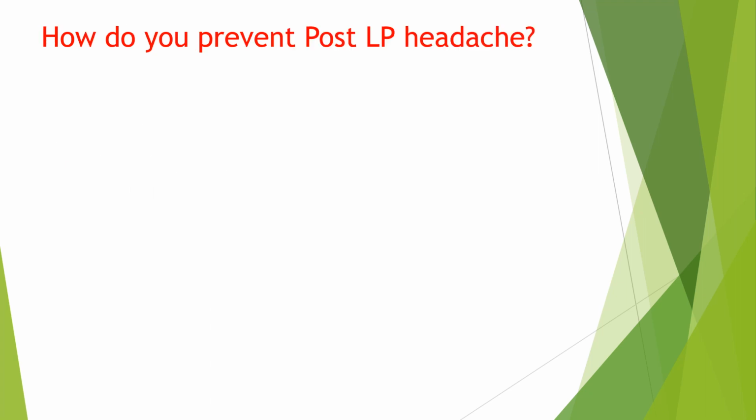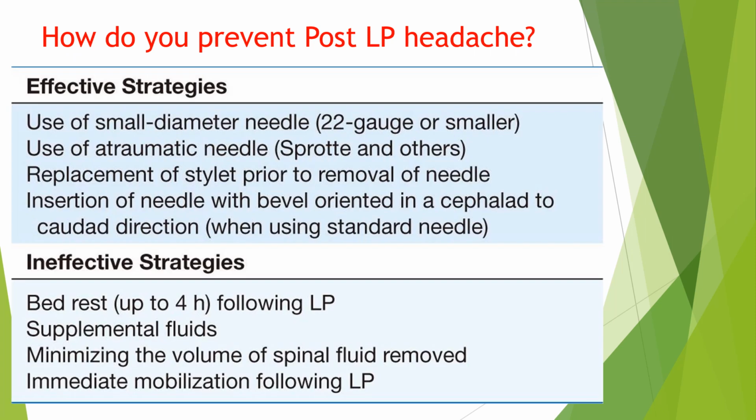How to prevent post-lumbar puncture headache? There are effective strategies, and strategies which were used in the yesteryears are found to be ineffective now. The common strategies employed are use a small diameter needle, use an atraumatic needle, and replace the stylet before removal of needle.